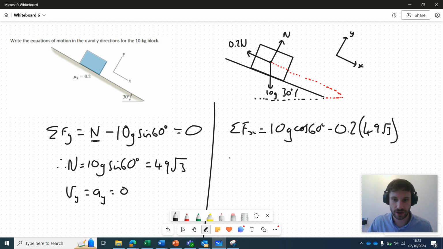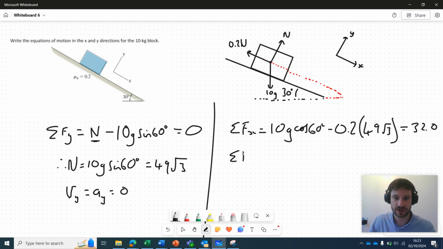And when I put this into my calculator, I find that the sum of forces in the x direction is equal to 32.0. Maybe I should just write that up here, actually.